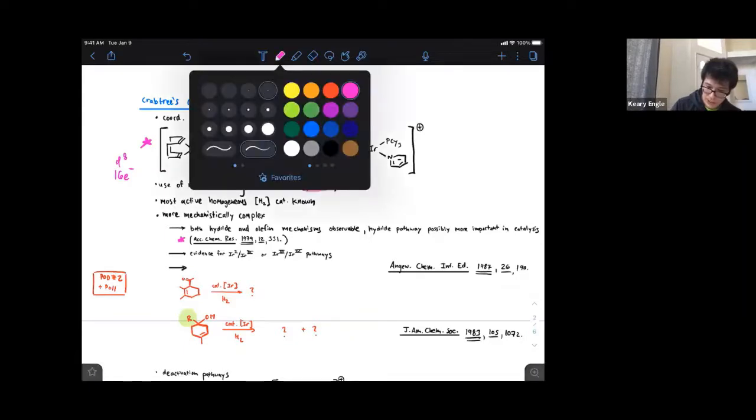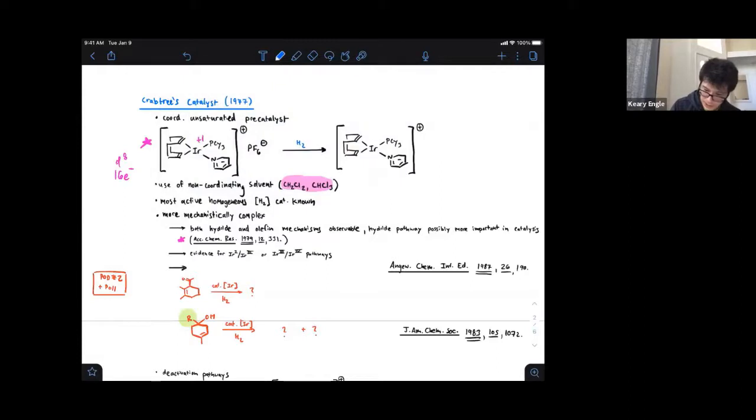One of the interesting things, which was known in the early days, is that if you take iridium-1, Crabtree's catalyst, or other related iridium complexes, which is yellow in solution, and then you add H2, it will go colorless, and you'll get clean formation of this dihydride.